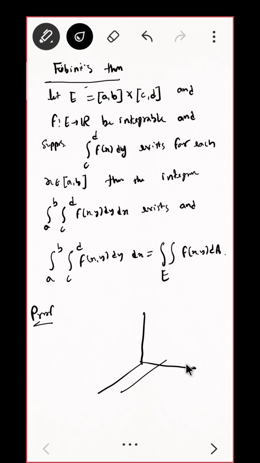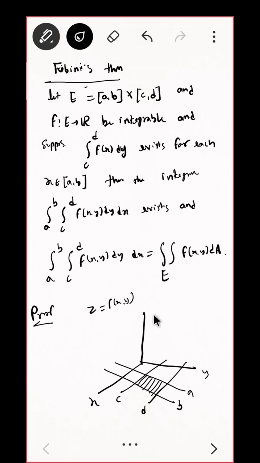Suppose this is your rectangular region, this is the x-axis, this is the y-axis. On the x-axis it is between A and B, and on the y-axis it is between C and D. This region is E, and your function is z equal to f of x, y, so that will be somewhere here.